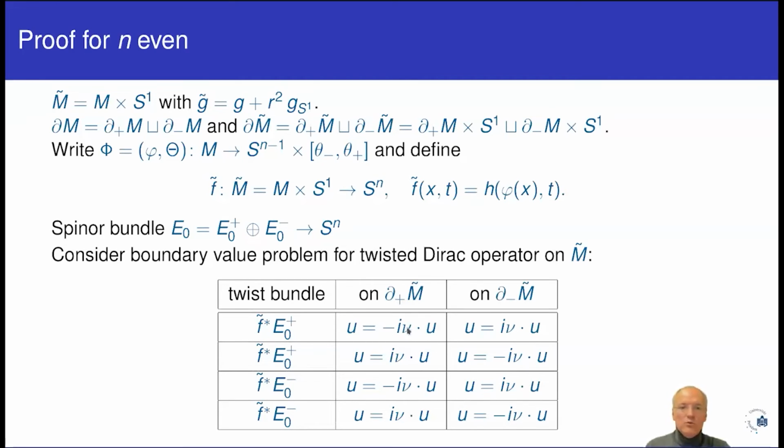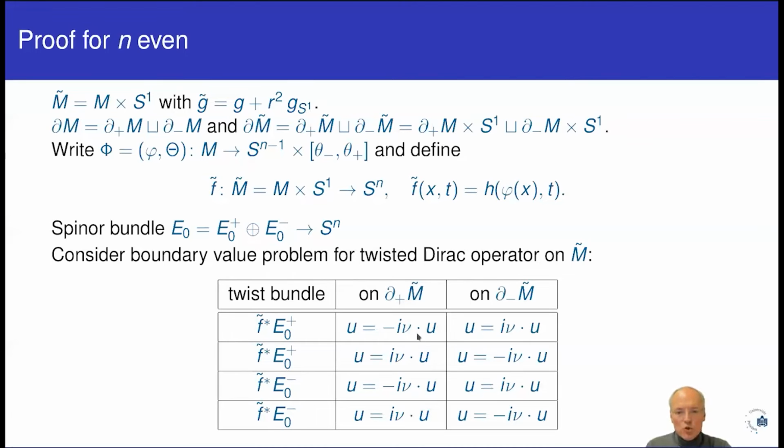And the involution is i times the Clifford multiplication with nu, and I can pick the signs. I always pick one minus sign on one part and a plus sign on the other part, but I have a choice of where to put the plus sign and the minus sign. So I have 2 possibilities for E plus and 2 possibilities for E minus.